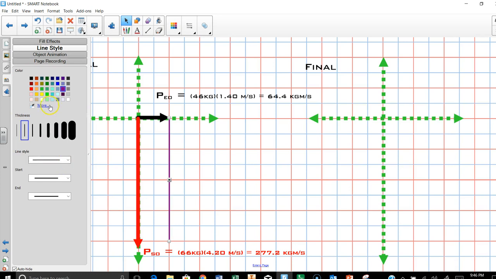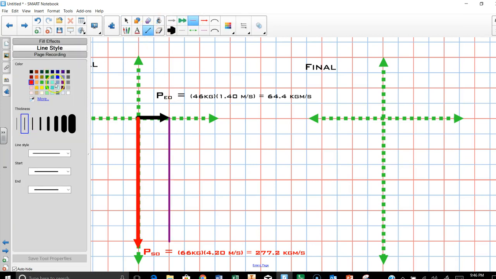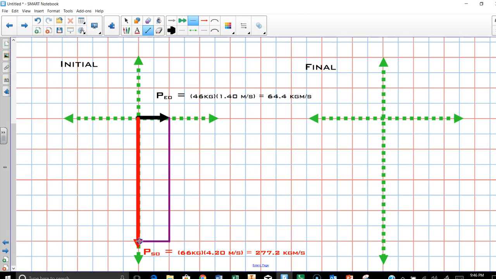Now, we can create this rectangle where this side here, of course, is the same length as the momentum of the person going east originally.